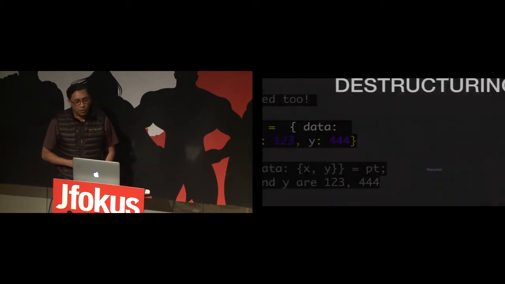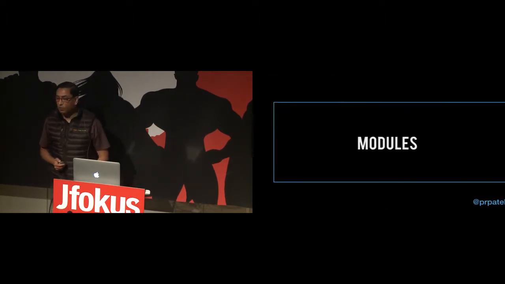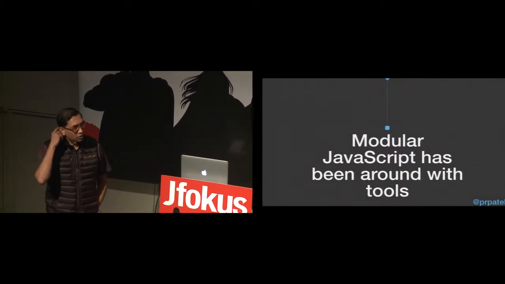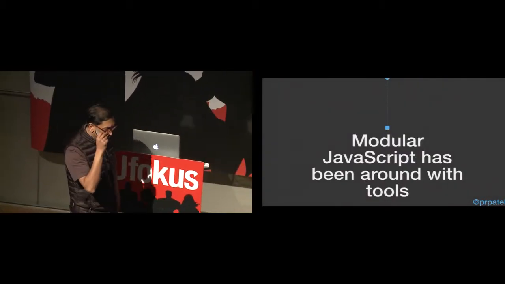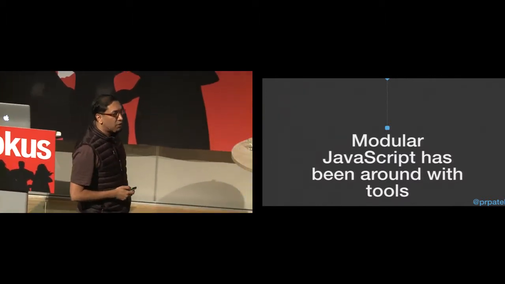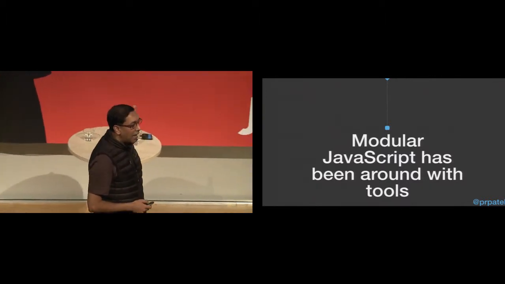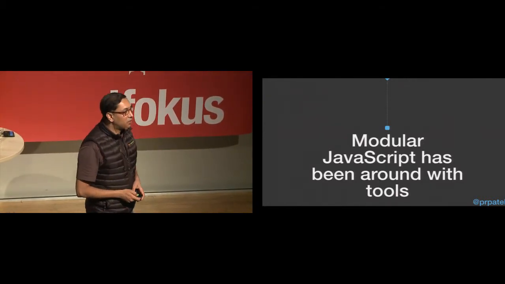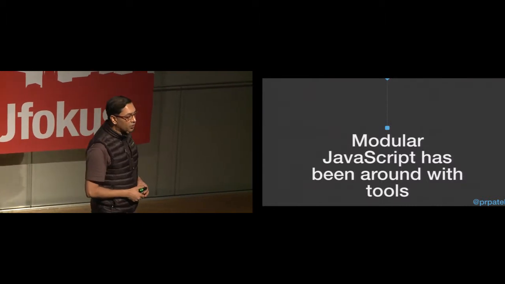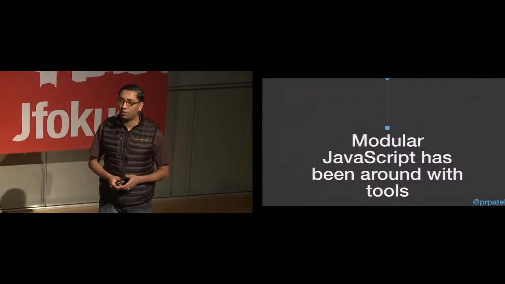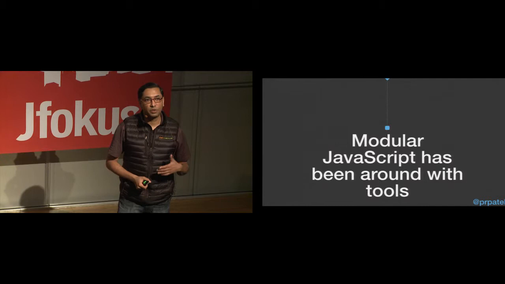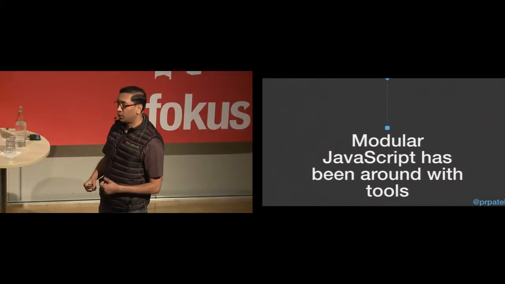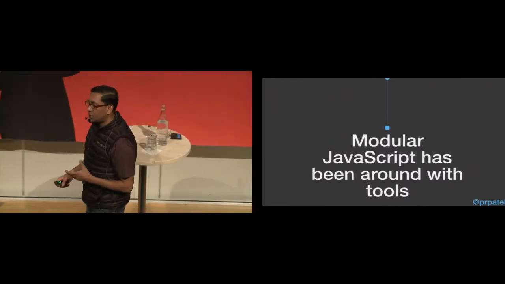All right, so let's talk about modules for a bit. Now, modular JavaScript has been around for a while, but unfortunately in ES5 what we've had to do is some tricks, or hacks, or some people may call them best practices. Some of those patterns that we follow for doing popular modular JavaScript in the browser are the revealing module pattern, the dependency injection module pattern, and the exposing module pattern.